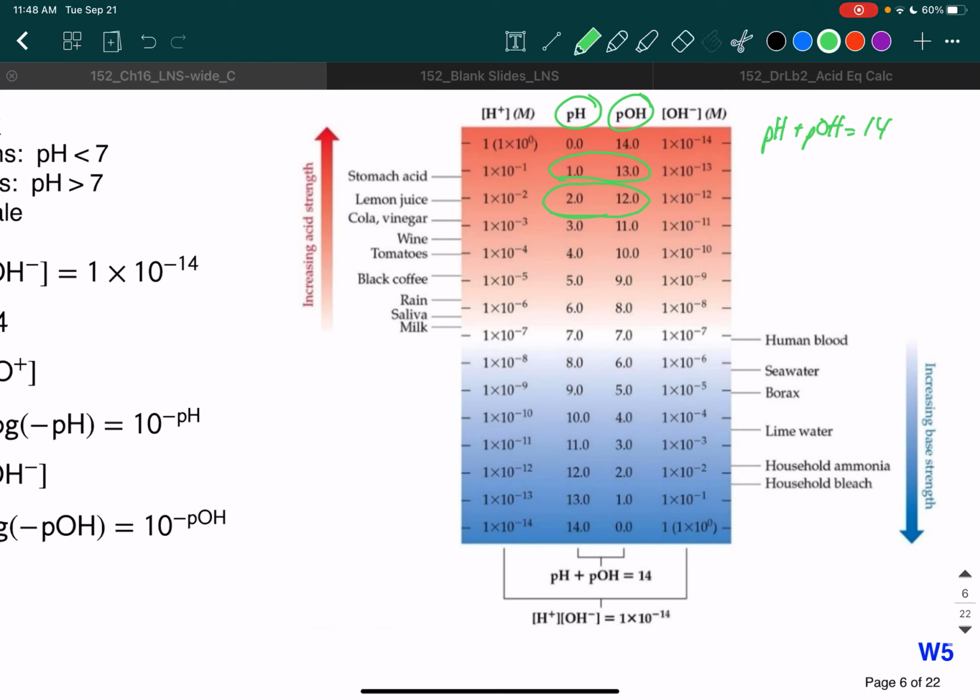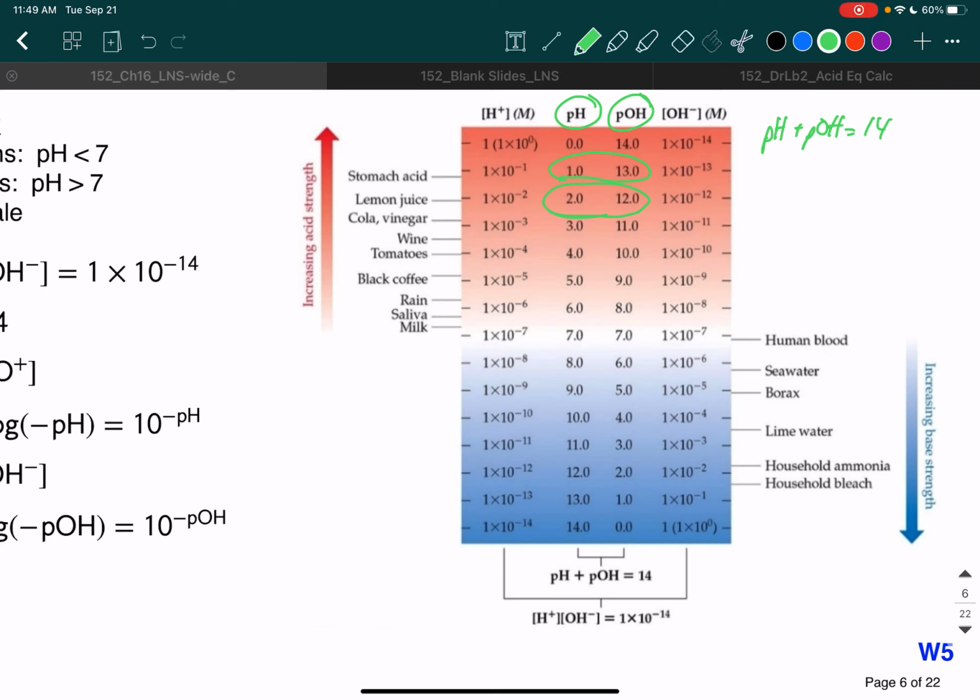So basically what the pH and the pOH are telling you is the concentration of their respective ions. When something is really acidic, it's still a low concentration of hydronium or H+, the notation doesn't really matter, it's representing the same molecule.